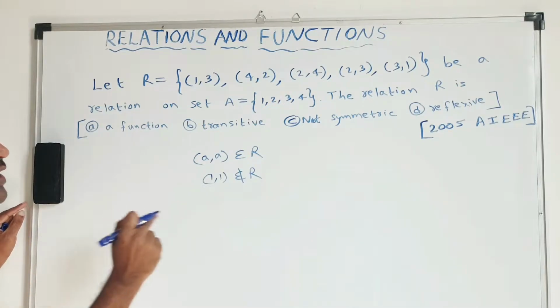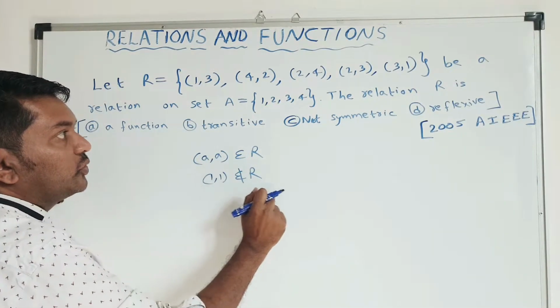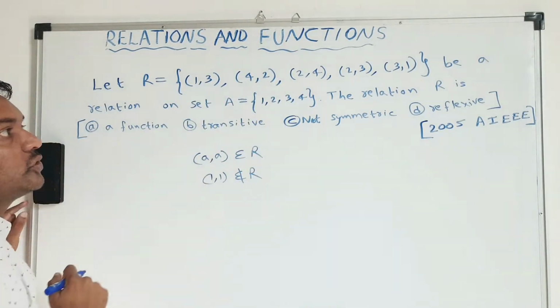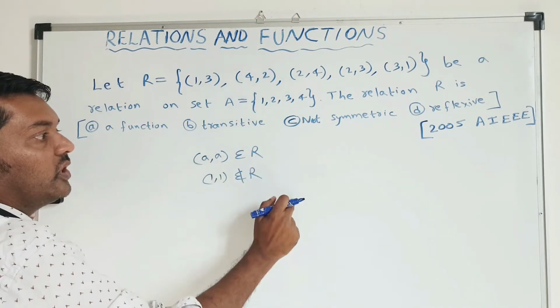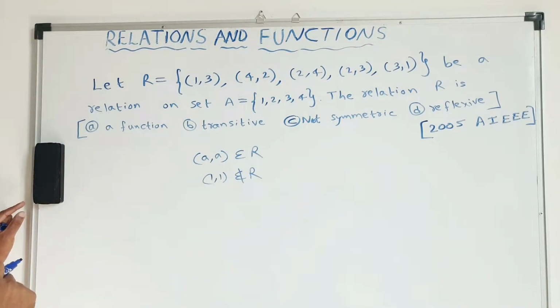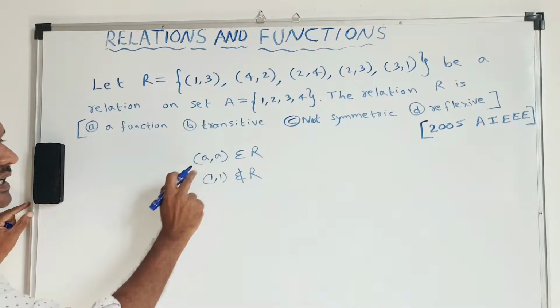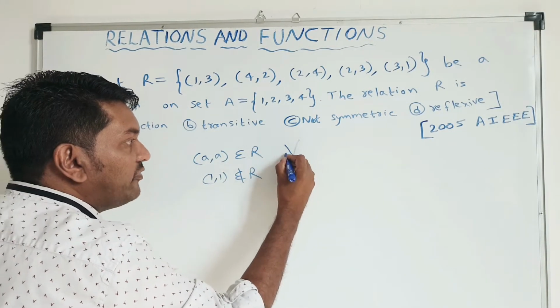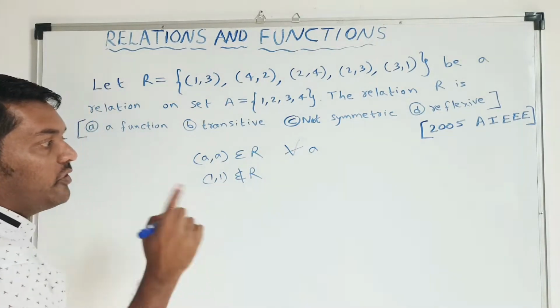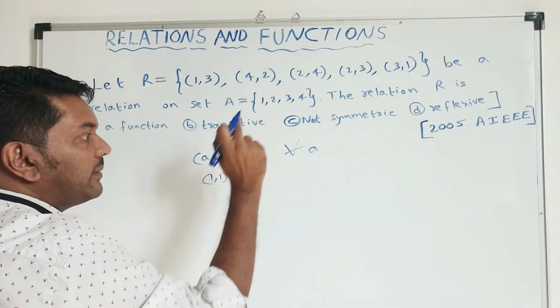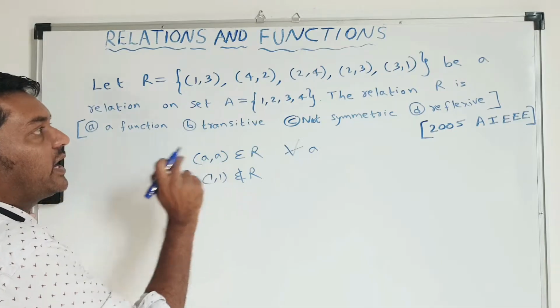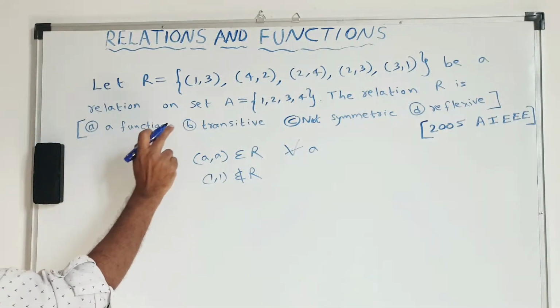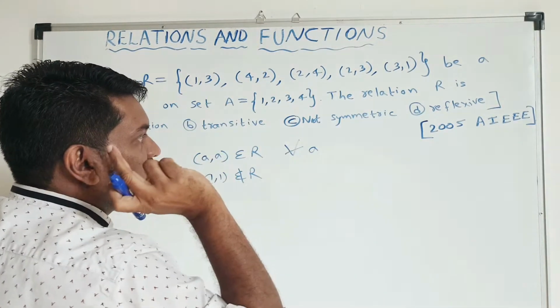No. Then (2,2) also should be there and (3,3) also should be there. (4,4) also should be there. If one of those elements is not there, then it will not be a reflexive relation. For being reflexive relation, (a, a) should belong to this relation set for every a. Not only for one element, for all these elements, there should be a pair (a, a). So it is not a reflexive relation you got.